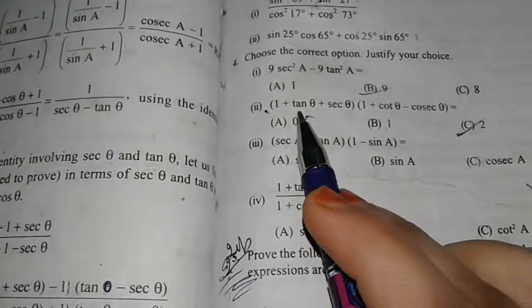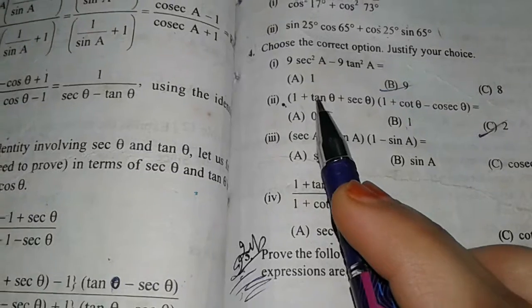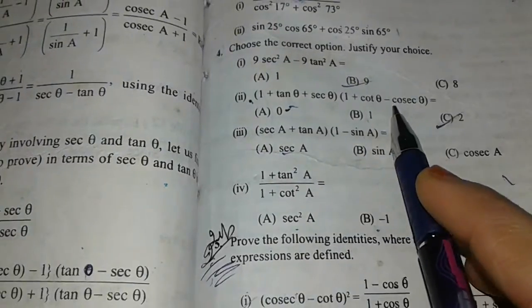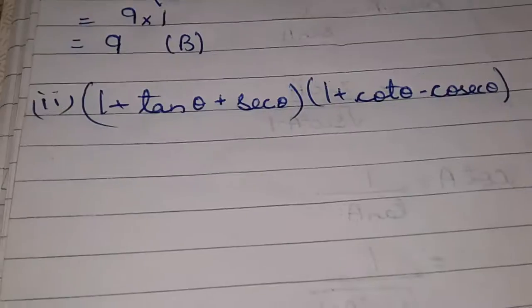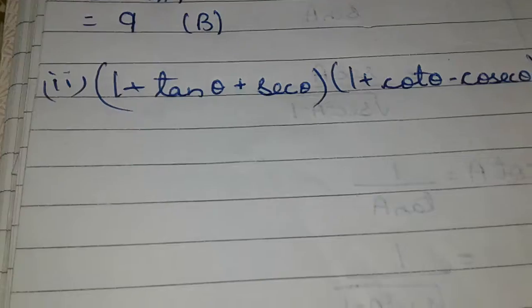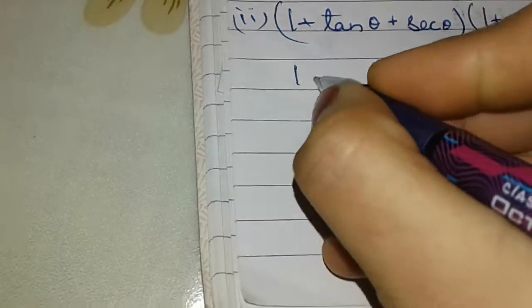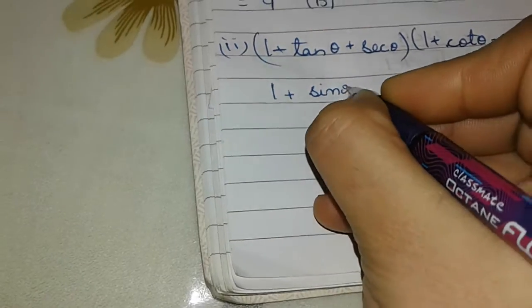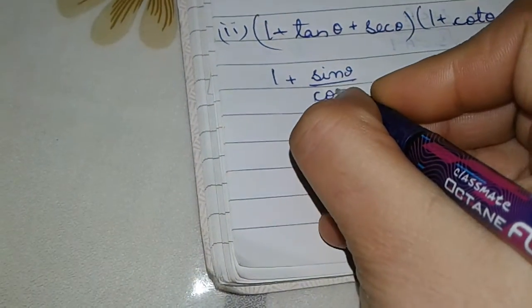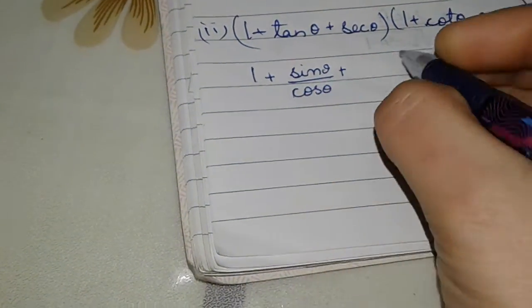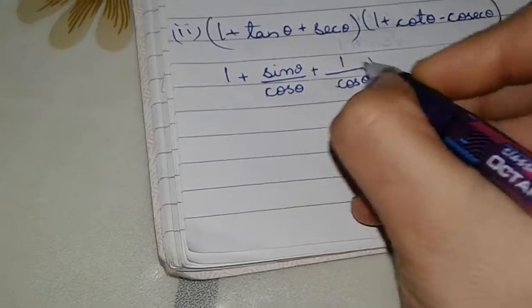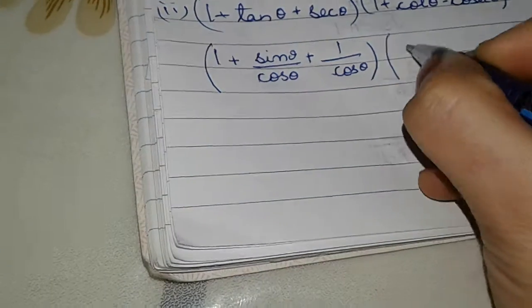Now the second part of question 4: (1 plus tan theta plus sec theta) multiplied by (1 plus cot theta minus cosec theta). Write the question. Here is the question. Now we know that tan theta is equal to sin upon cos, so it will be written as sin theta upon cos theta. And we know that sec theta is equal to 1 upon cos theta. Multiply by.